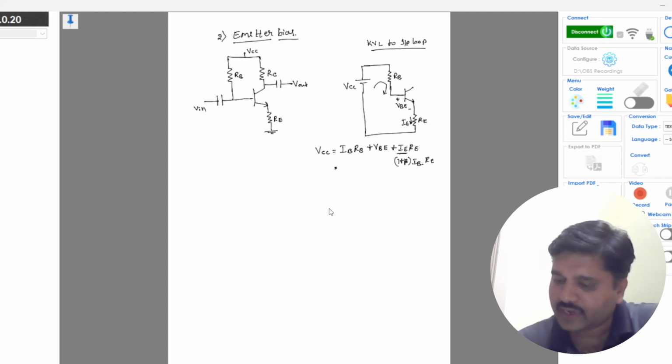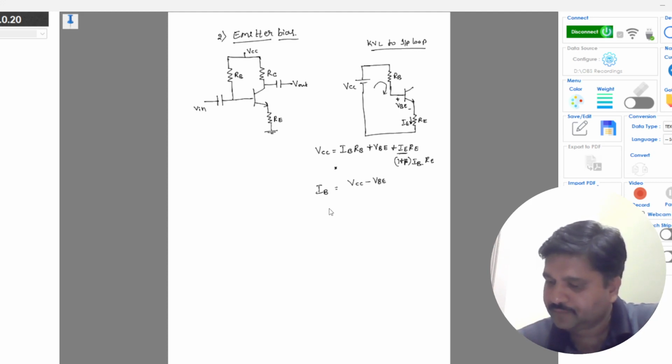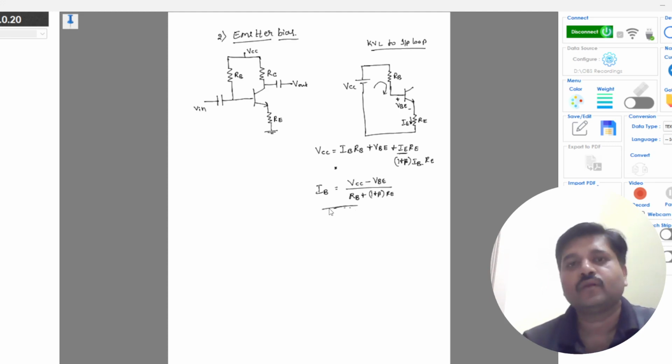So finding the expression for IB, it is VCC minus VBE divided by RB plus 1 plus beta times RE. This is the expression for IB.